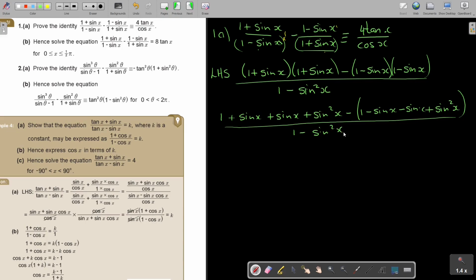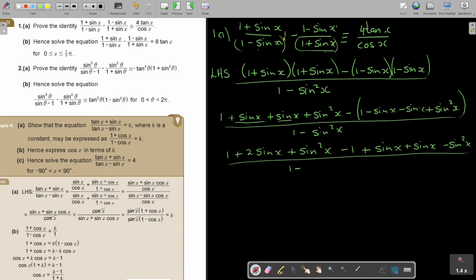Okay, now it's just a long way of writing, but I can already say 1 plus, I can add this, so 2 sin x plus sin squared x minus 1 plus sin x plus sin x minus sin squared x, and that is over 1 minus sin squared x.